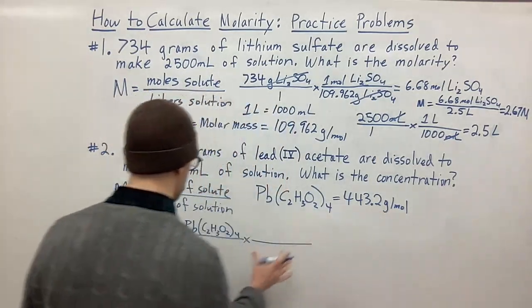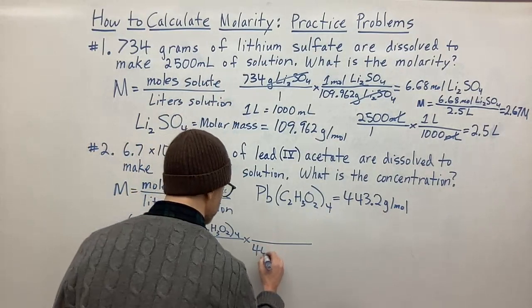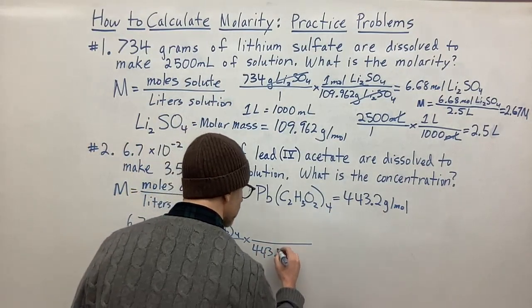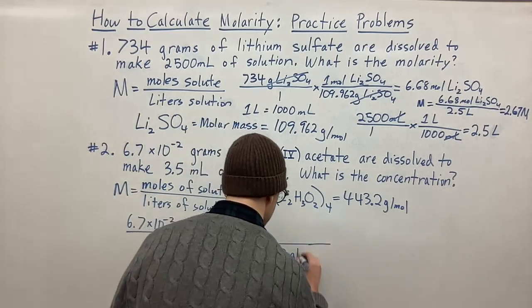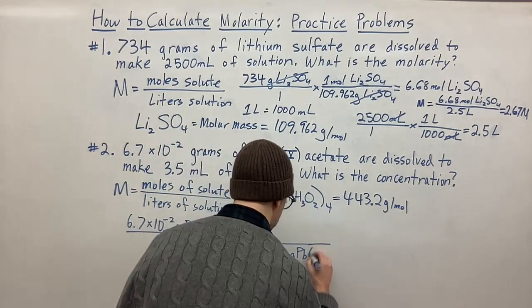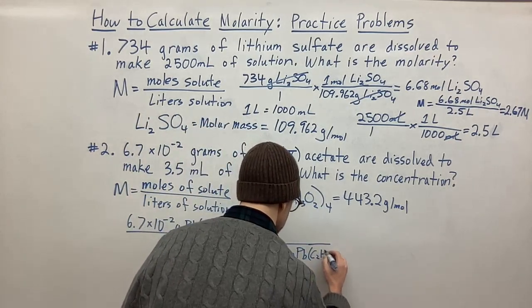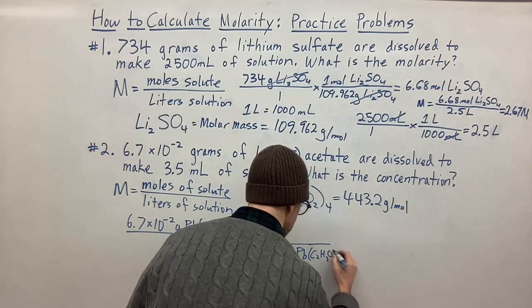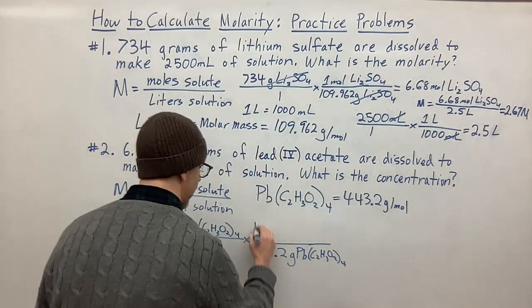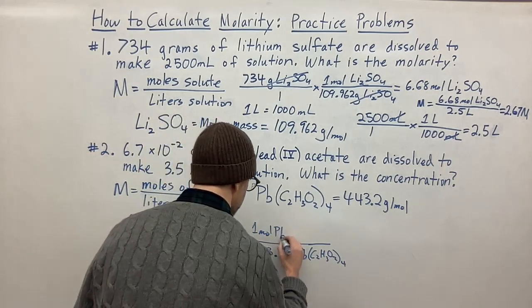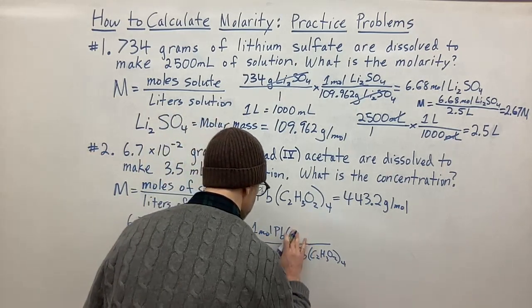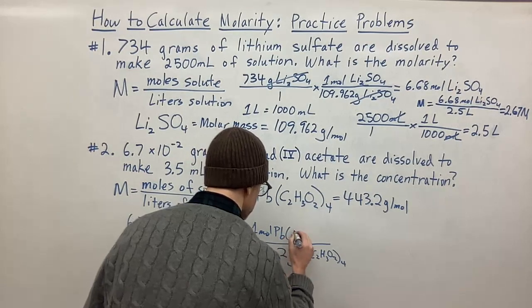So the grams goes on the bottom, 443.2 grams of the lead 4 acetate, and 1 mole of the lead 4 acetate on top.